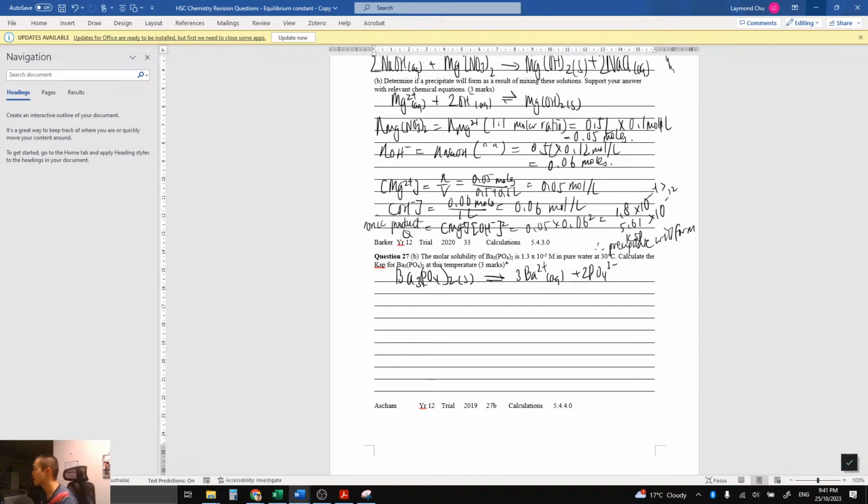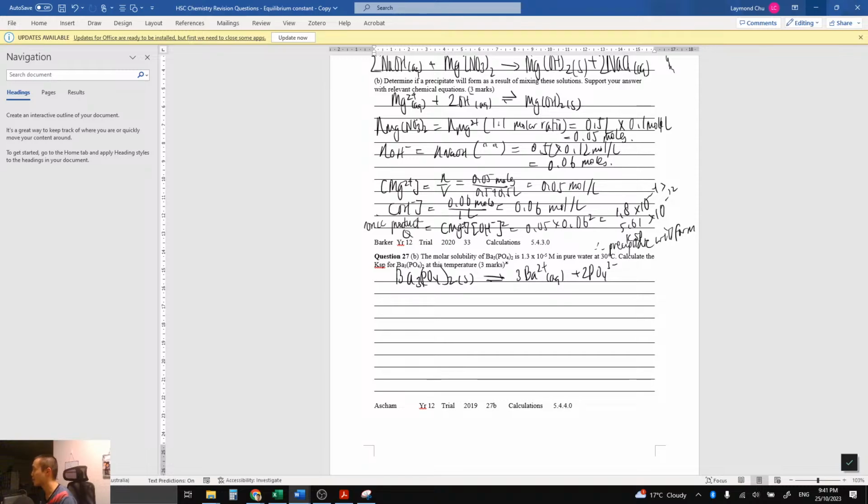So the charge is balanced, which is great. Now the solubility is how much of this particular salt ionizes into your ions. So we need to do an ICE table here.